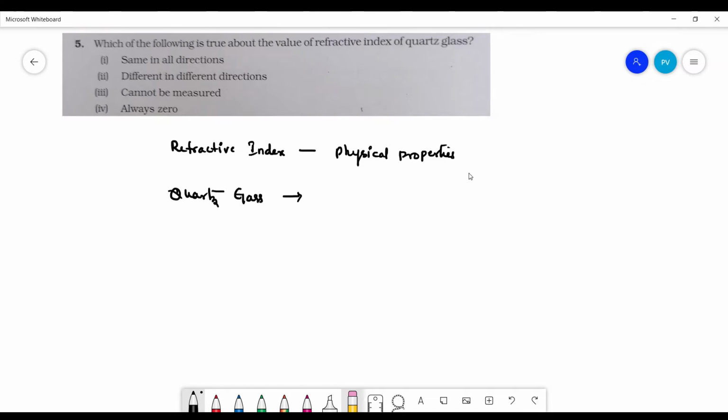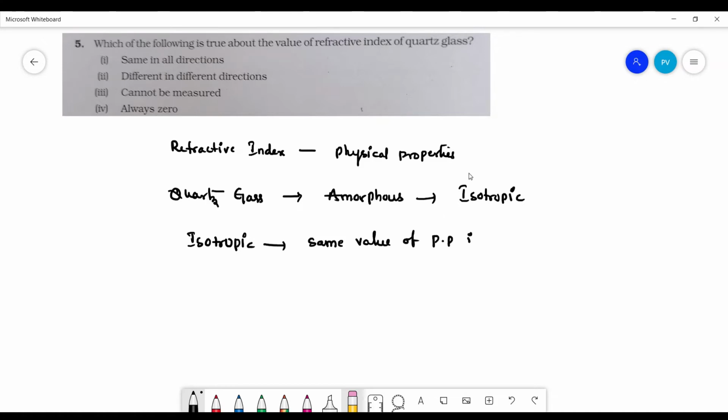Quartz glass is an amorphous solid, and amorphous solids are isotropic in nature. What is isotropic? Isotropic means the same value of a physical property in all directions. So option A is correct.